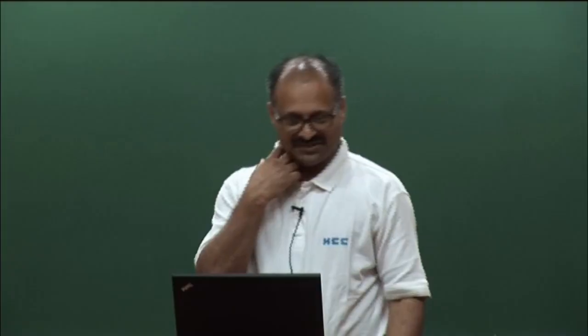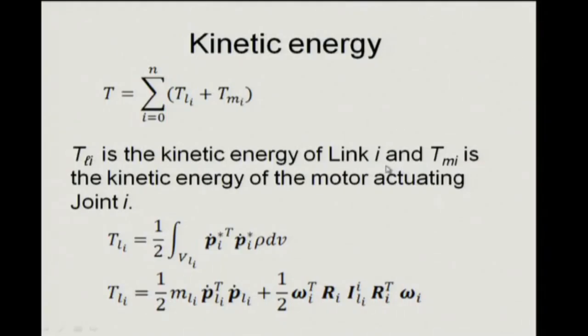Now, the kinetic energy is slightly more complicated. There are again two terms due to the link and the motor. So, if you take the link i, again you need to integrate over the whole link, but you know how to do this. So, you get two terms when you do this.